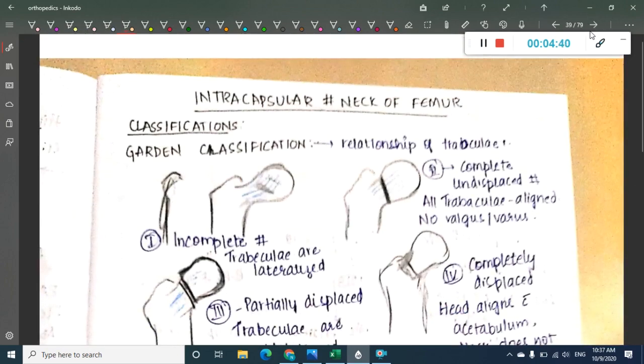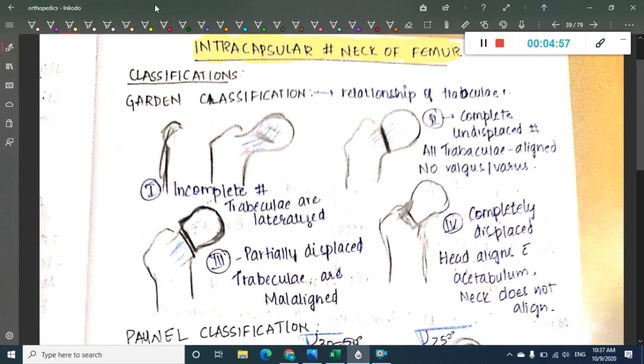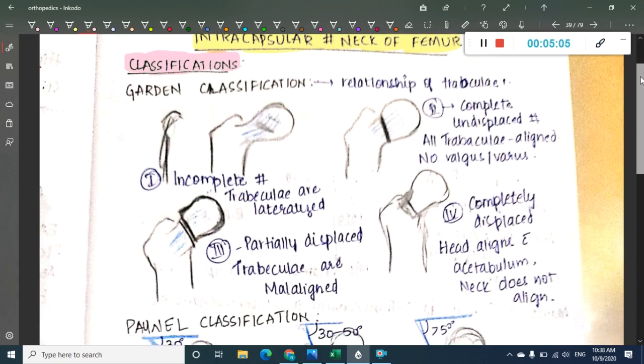Now let us learn a few points about intracapsular fracture neck of femur first. We have different classifications for this intracapsular fracture. The classifications include Gardner's classification.